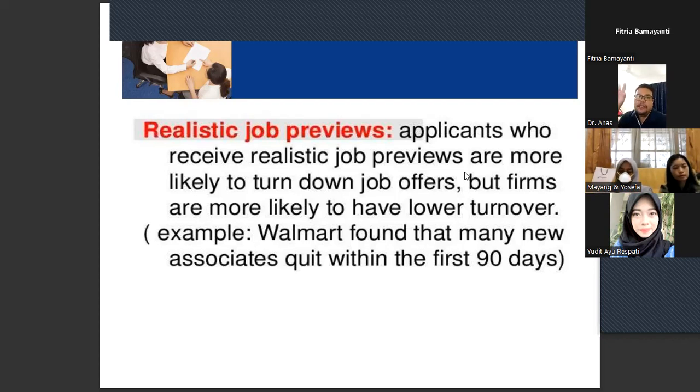Okay, so for realistic job preview, for example, let's say I am an employer or owner of company A. Okay, so the vacancy for the job of executive administrator is only 2.